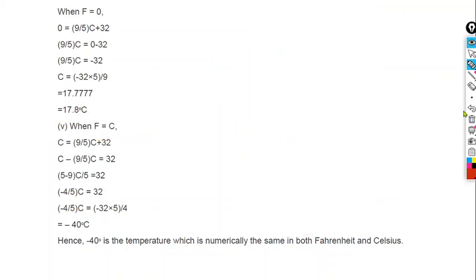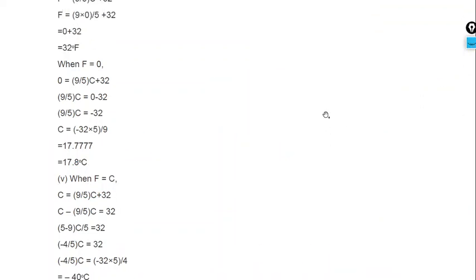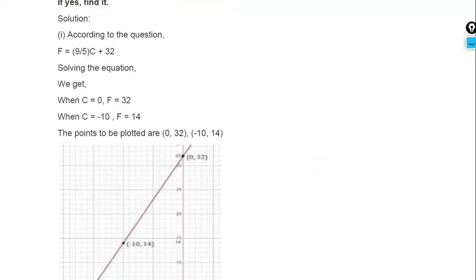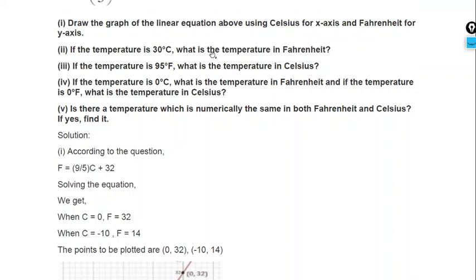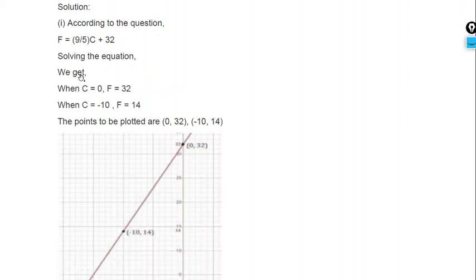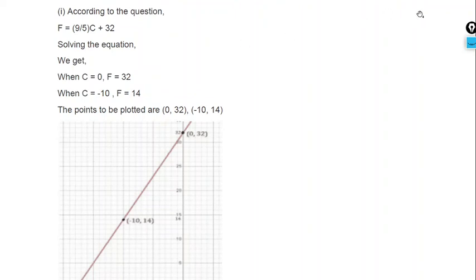Okay, now we'll move to the graph section. So the question was, draw the graph of the linear equation above using Celsius for x-axis and Fahrenheit for y-axis. So let's write the equation here first.